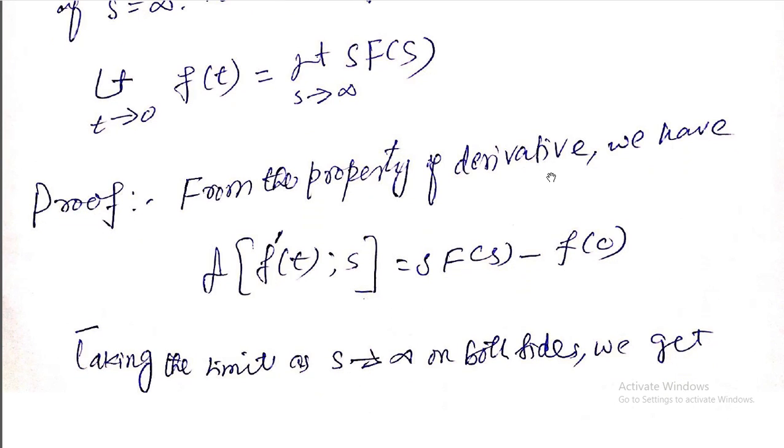From the property of the derivative, we will do this. So far we didn't take the Laplace of the derivative, so maybe in some lecture we will have the Laplace of the derivative.